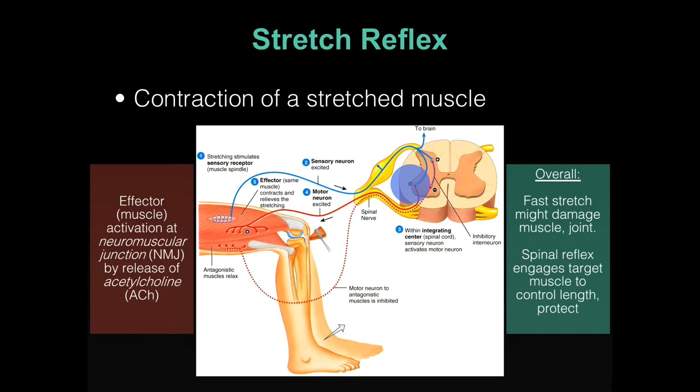And so when you hit the patellar tendon with the hammer, you only provided a transient stretch. The muscle didn't continue to elongate, but it was quick and abrupt enough that it activated this reflex to protect the knee, to protect the knee extensors from damage.